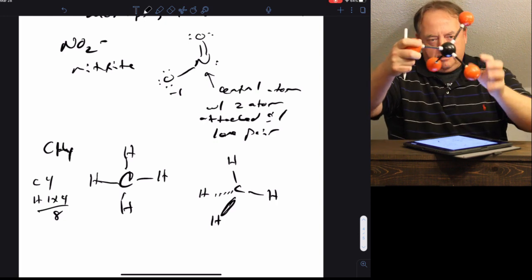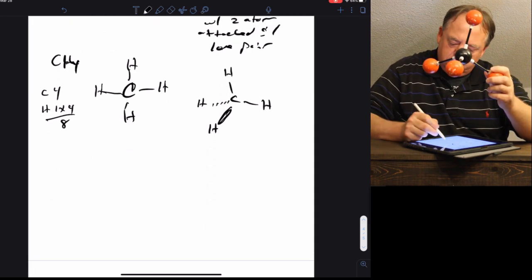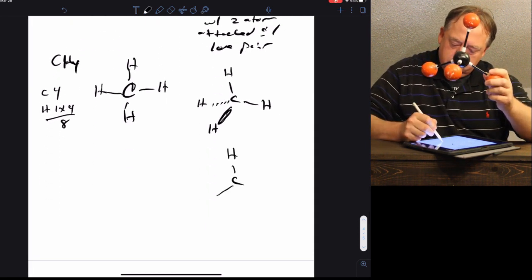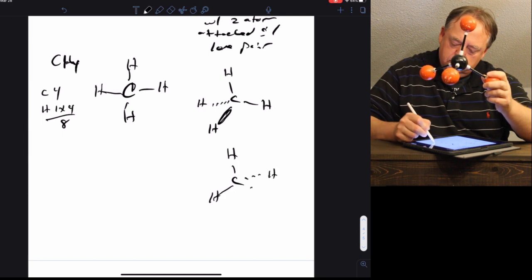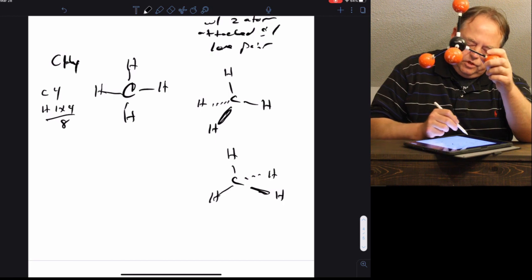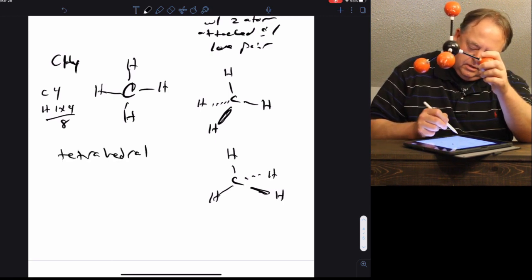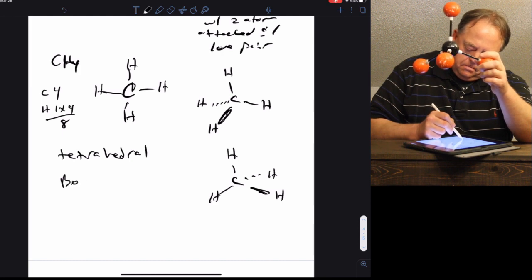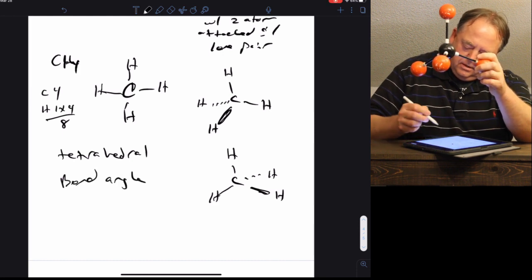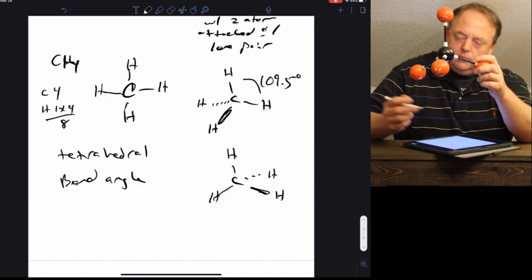Or I could have drawn it from this perspective, doesn't really matter. It's all the same molecule, it's just rotated differently in space. And so that type of geometry is called tetrahedral. And the bond angles in a perfect tetrahedron are 109.5 degrees.